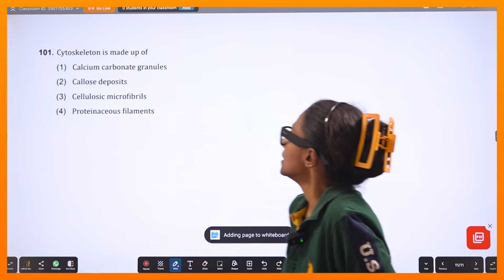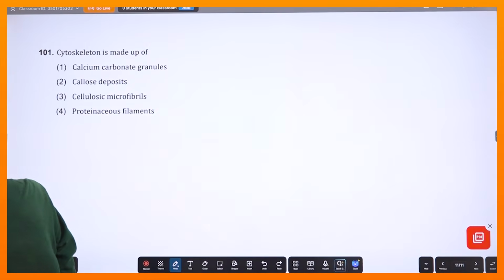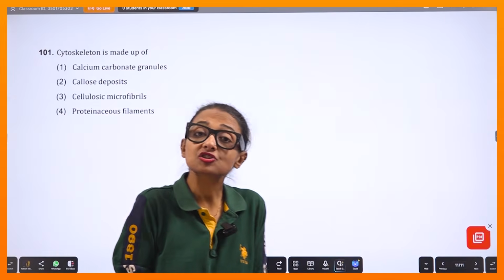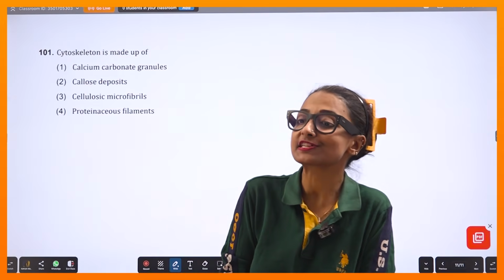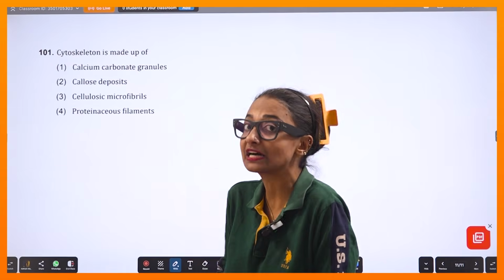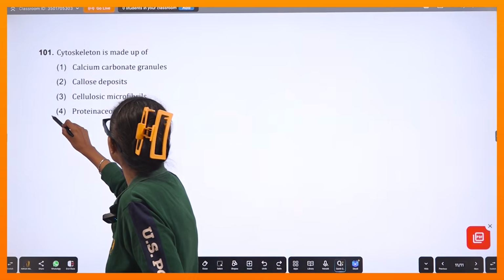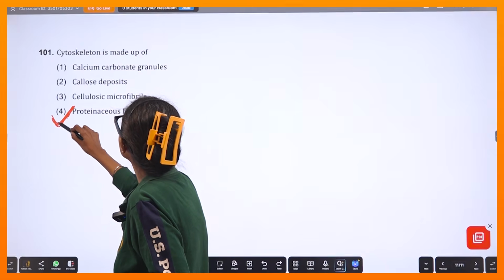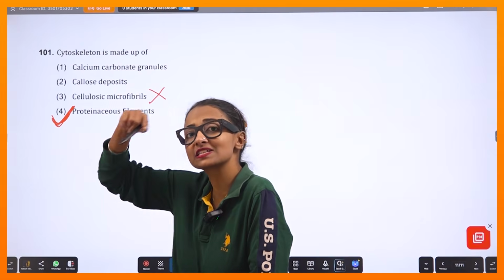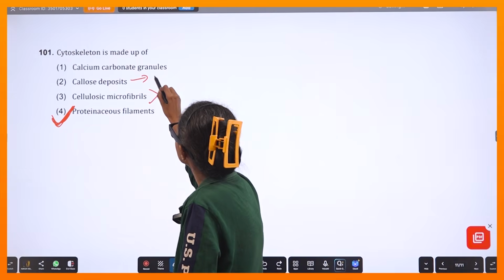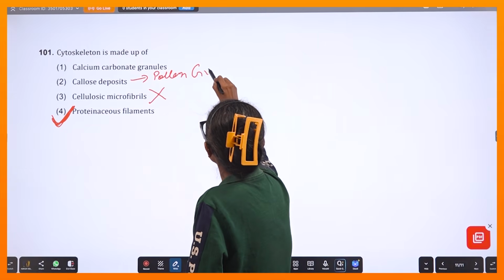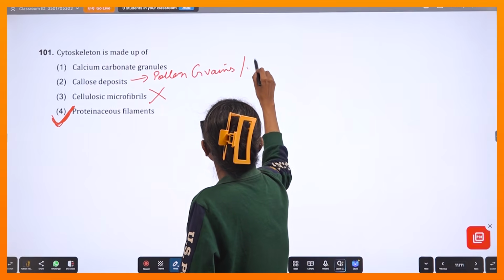Chalo. Okay, cytoskeleton. Cytoskeletal structures are made up of what? So cytoskeletal structures are made up of microtubules and stuff as well as proteins. So I'll go with proteinaceous filaments. This cannot be true. Callose is found in pollen grains. Okay, pollen grains, anther.